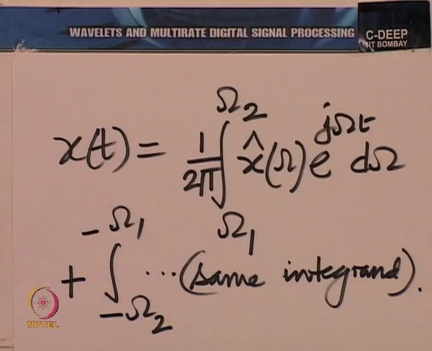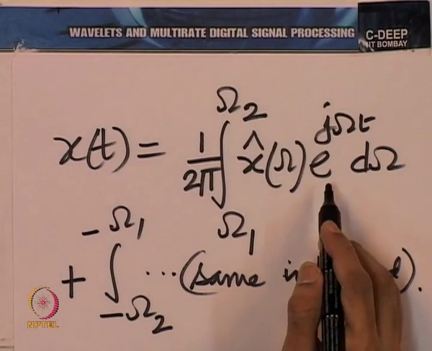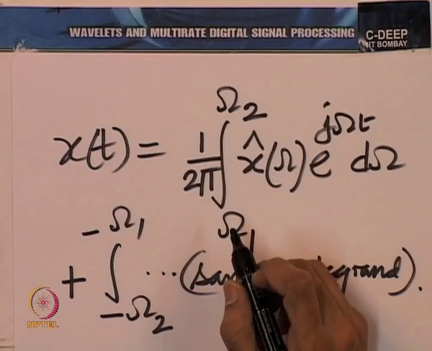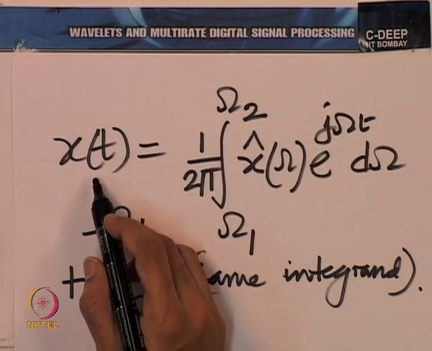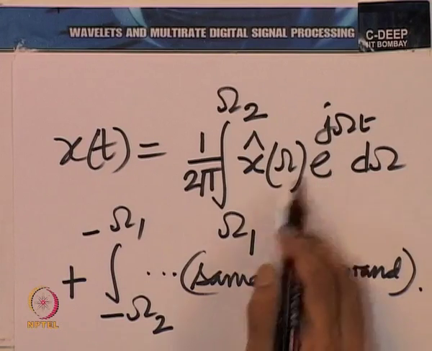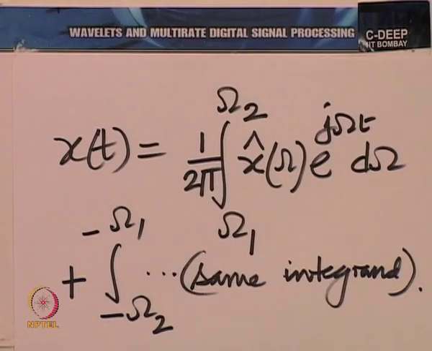Now, the central idea in the proof is the following. I can take derivatives on both sides, and I remember I have a finite integral on both sides. When I take a derivative with respect to time of x(t), that derivative essentially acts only on e raised to the power j omega t, and that operation of taking the derivative into the integral is valid because this is a finite integral.